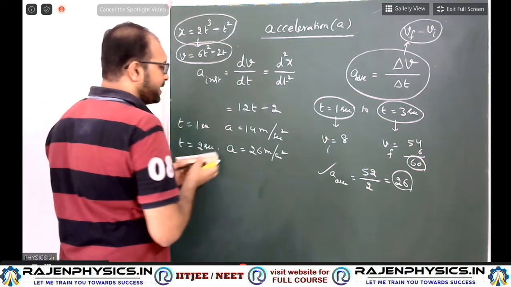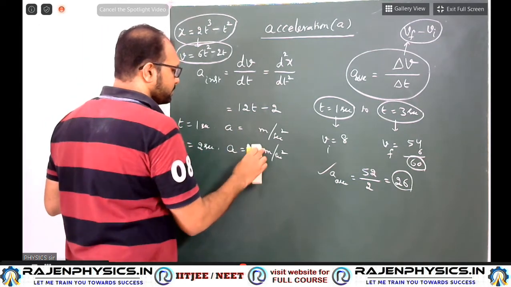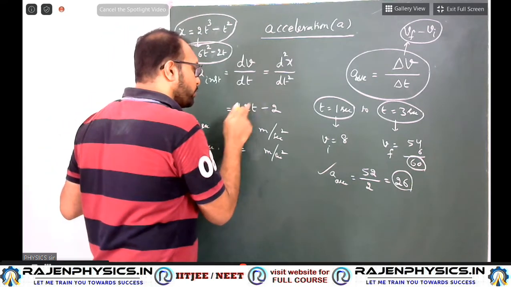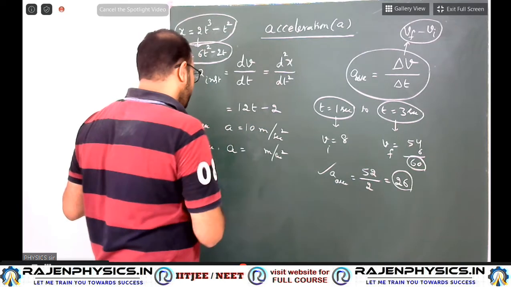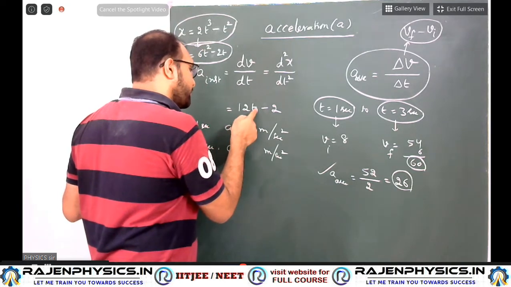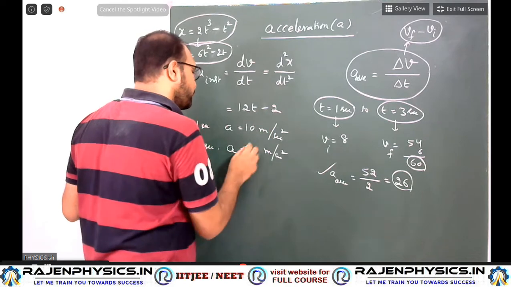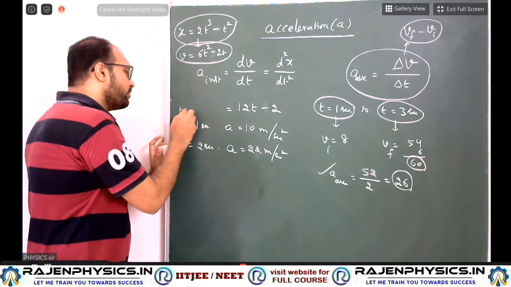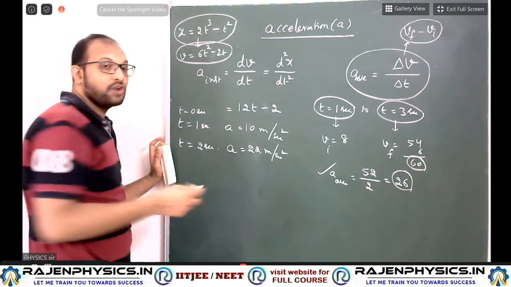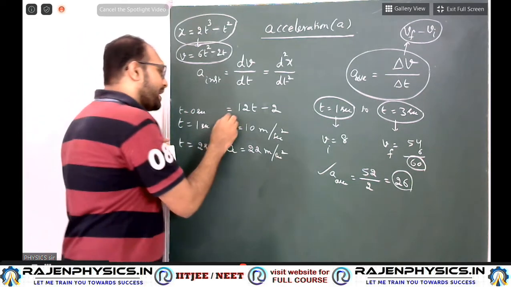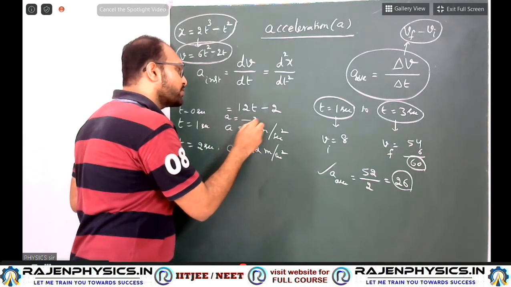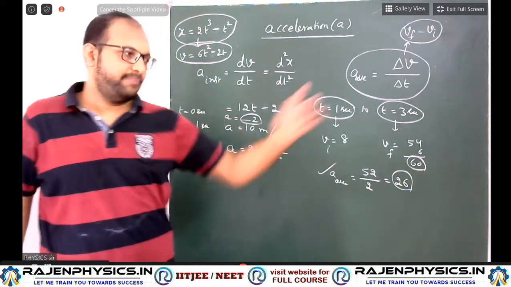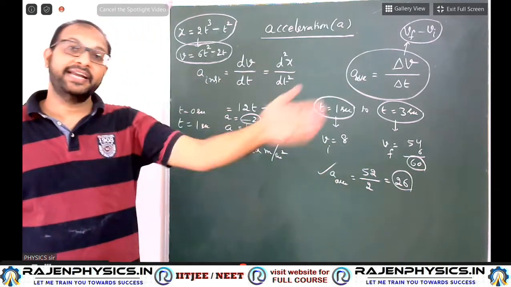What is the acceleration? 12 into 1, 12 minus 2, 10. At t equal to 2 seconds, 24 minus 2, 22. Suppose at t equal to 0 seconds, at the start, acceleration is minus 2, with a negative sign.